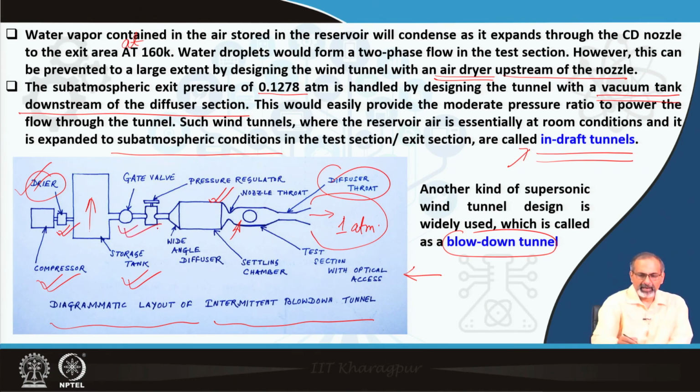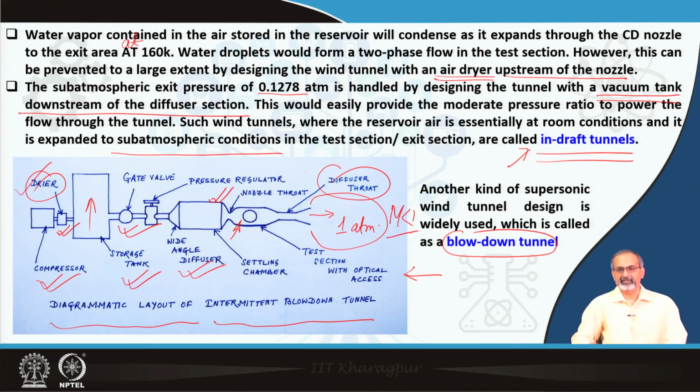Then you allow the flow to move out into the tunnel as and when you need it, for which you operate the gate valve and the pressure regulator, then allow the flow to move into the wide angle diffuser, and then it starts expanding through the CD nozzle, creating the supersonic flow in the test section, and then it runs through a supersonic diffuser before exhausting out of the tunnel at subsonic conditions.